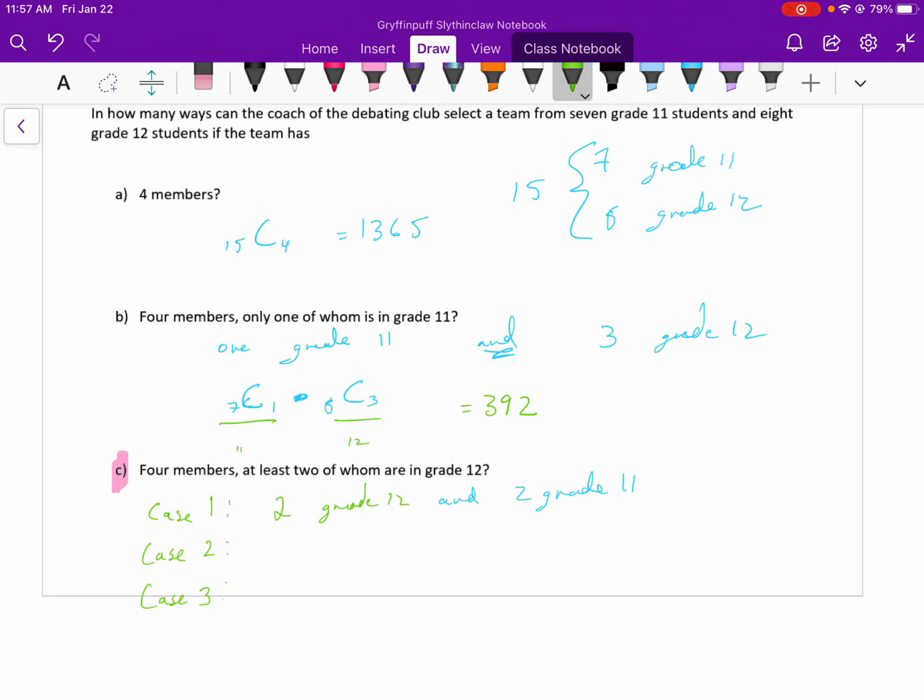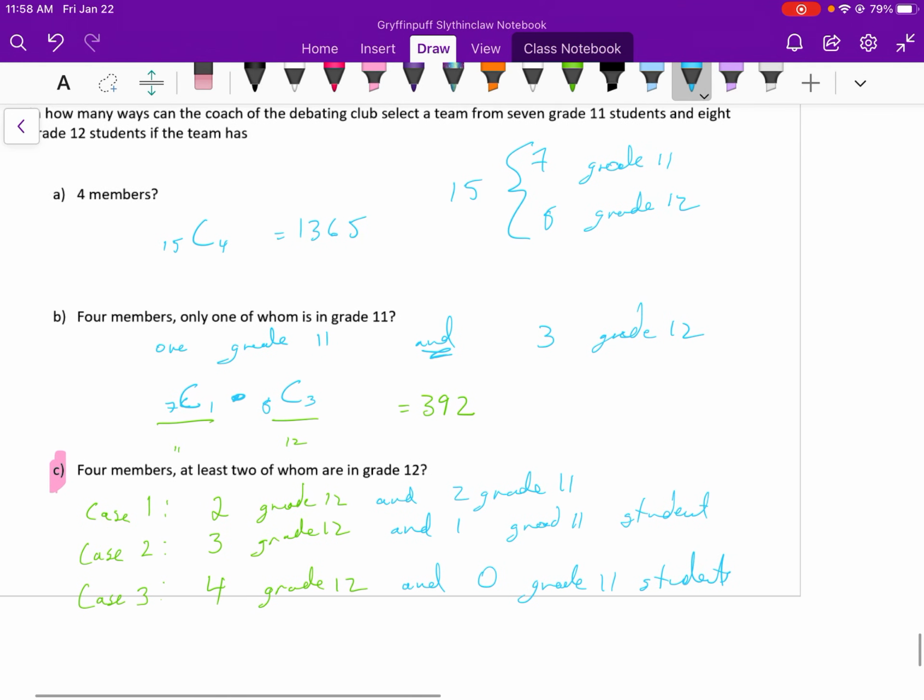The second case would be 3 grade 12 students, and if I would like a 4-member team, that would mean 1 grade 11 student. It also means that I could have 4 grade 12 students, the whole team of grade 12 students and 0 grade 11 students.